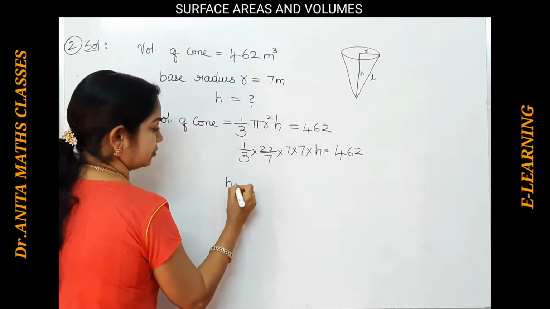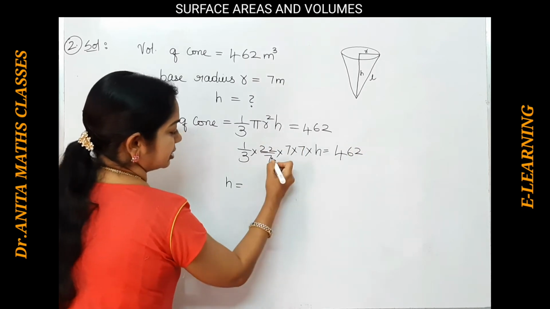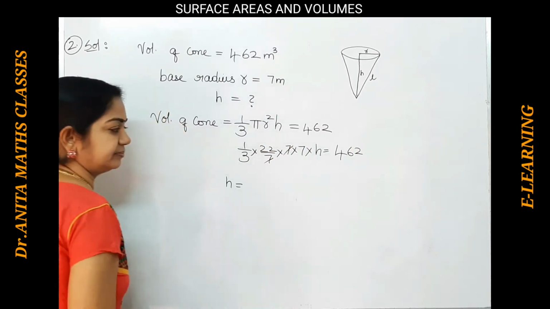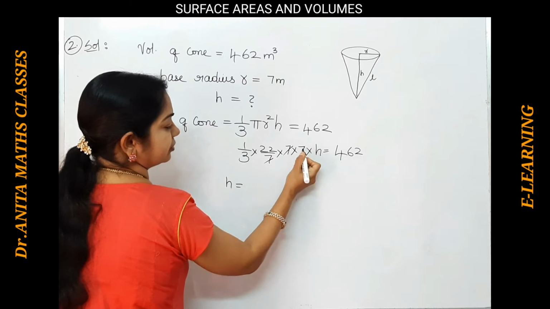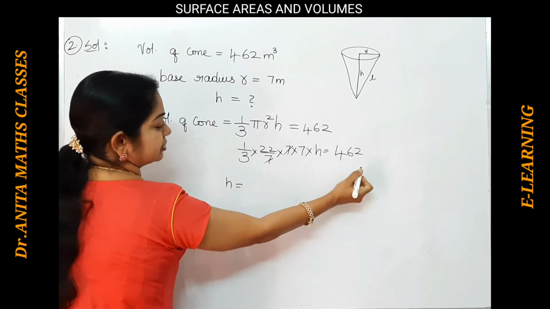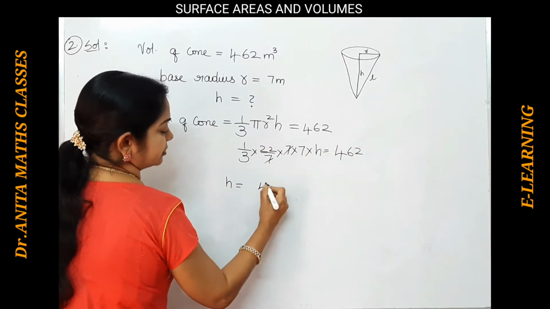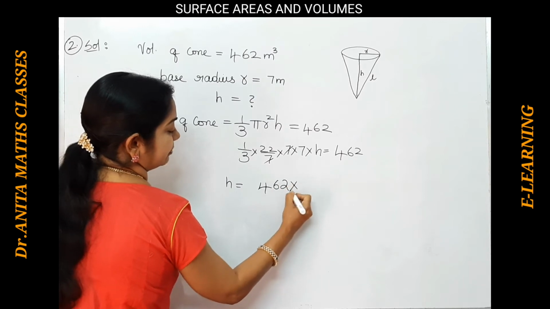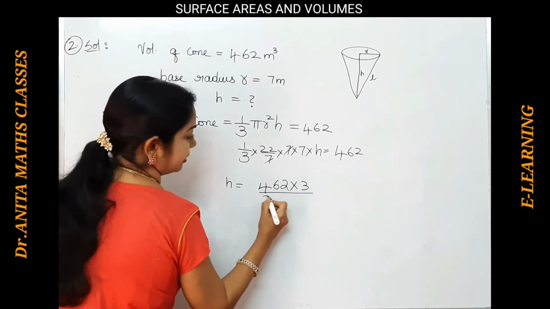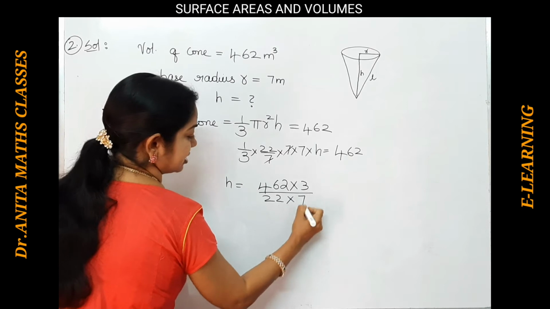So h is equal to, we will shift all these terms. We shift 22 and 7 to this side and 3 to that side. 462 multiplied by 3 divided by 22 into 7.